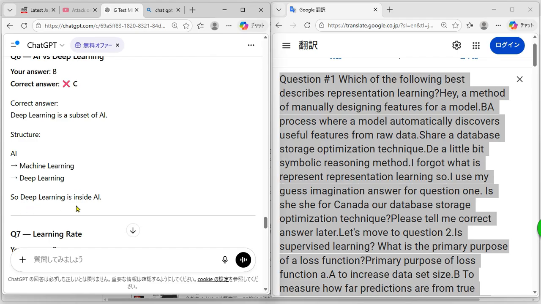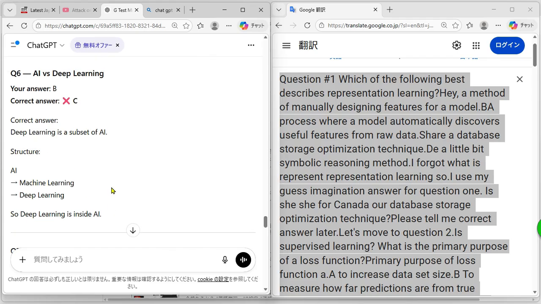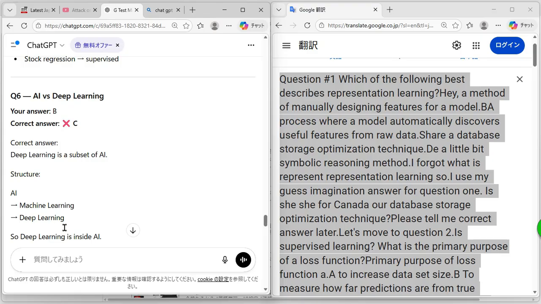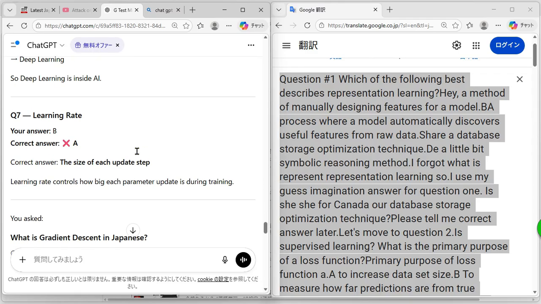So, deep learning is inside AI. Deep learning is a subset of AI.